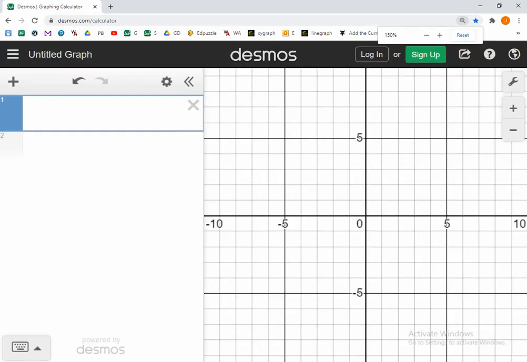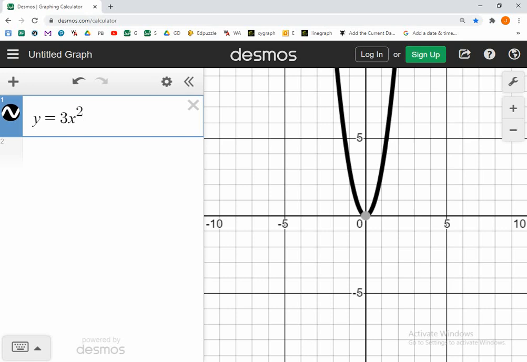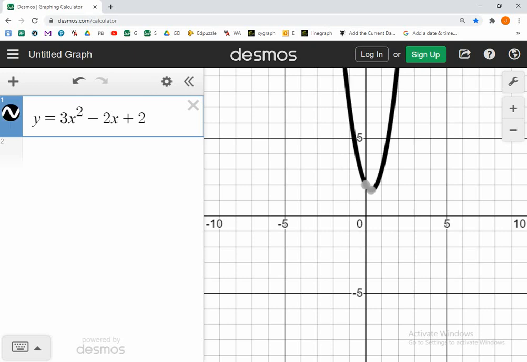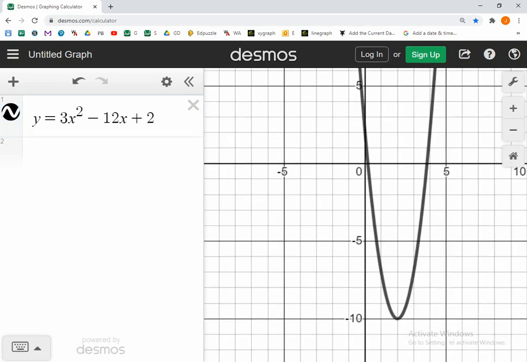I can, I guess. If I go y equals, let's just say 3x squared minus 2x plus, don't write this one down. I just want to adjust. Okay, so let's say I want you to have that one. And I ask you to put that in vertex form.